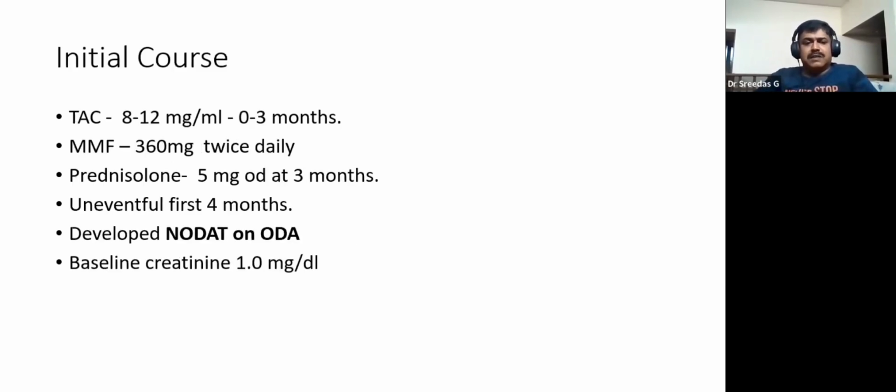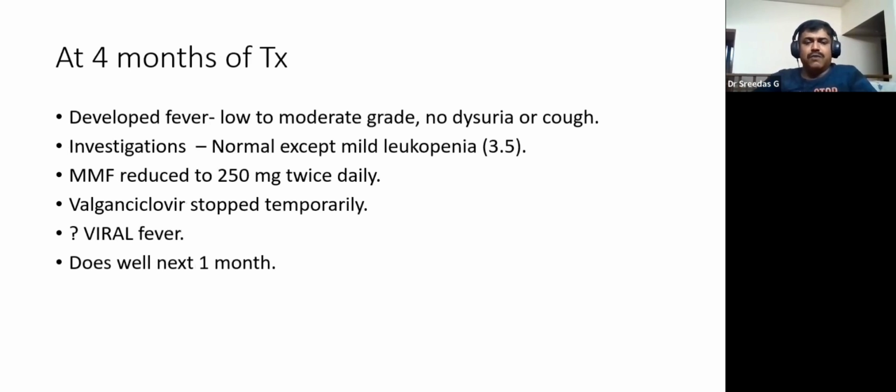For the first 4 months or so, everything was fine with normal graft function, except for a NODAT for which he was on OHA. Then at 4 months, he started having low to moderate grade fever without any localizing signs.